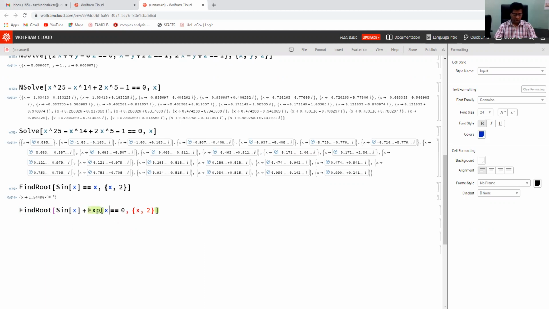One square bracket is missing. I mean I forgot to close this square bracket, so it is red. Okay, so this is approximate value of x, which is minus 0.588 for this equation sin x plus e raised to x equal to 0. In this command FindRoot, it is not necessary to put equal to 0. You can simply put expression and run. Doesn't matter.